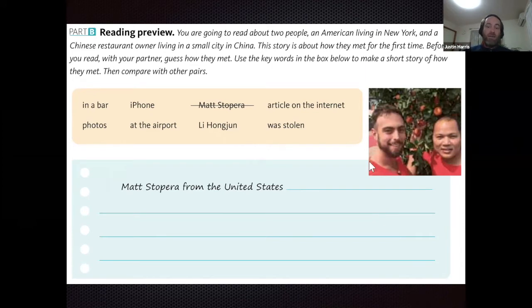He writes an article on BuzzFeed about this weird thing. It gets picked up by Weibo in China, and they make him a kind of national celebrity. Who is this guy? He comes forward, the Chinese guy comes forward, and it just becomes sort of national news that these guys have been connected.